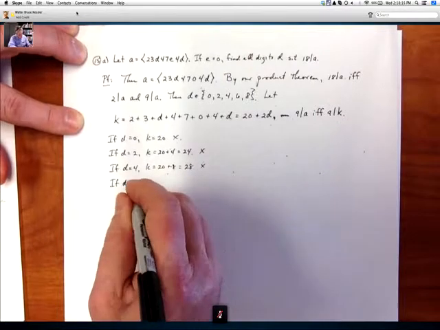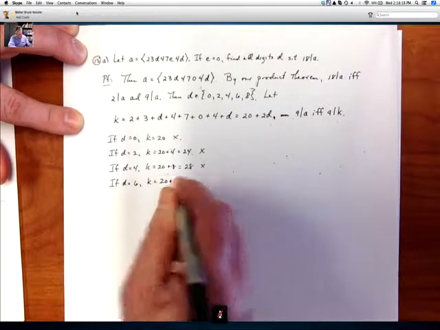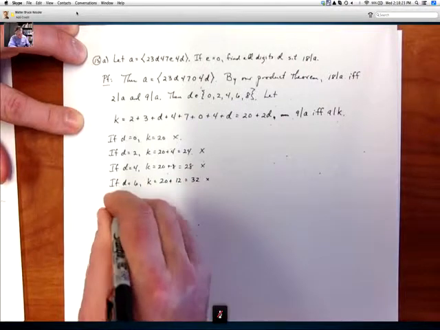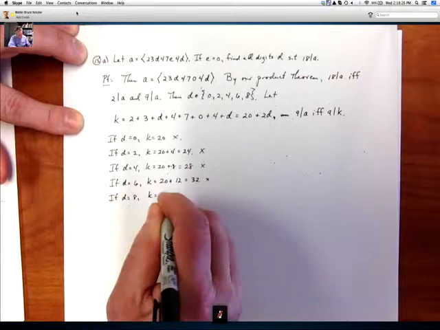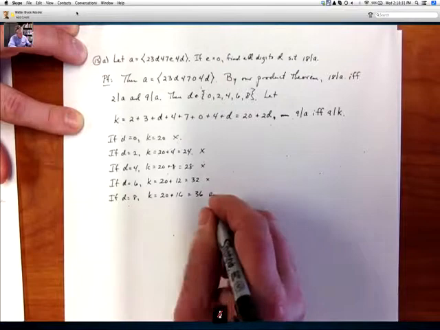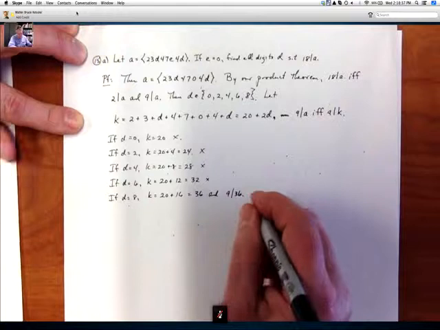If D is 6, we've got K is 20 plus 12, that's 32, doesn't work. If D is 8, K is 20 plus 16, which is 36, and 9 divides 36.